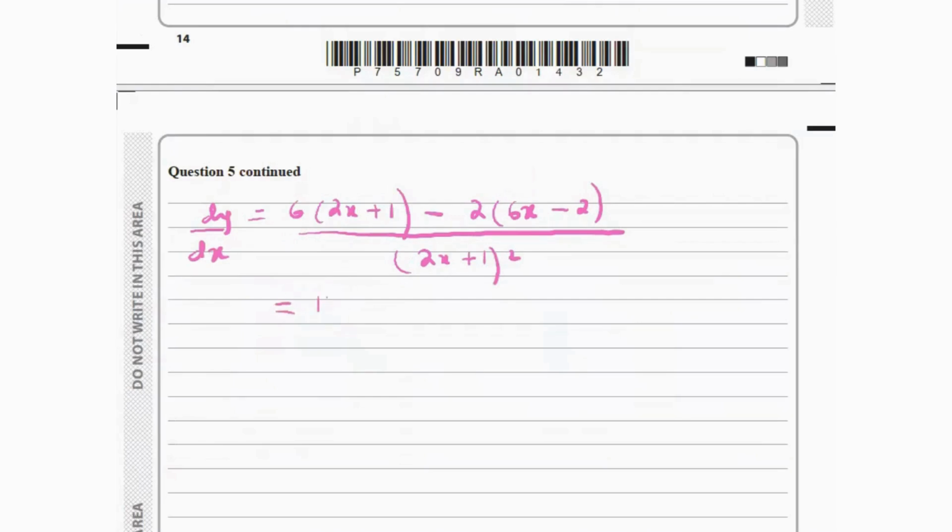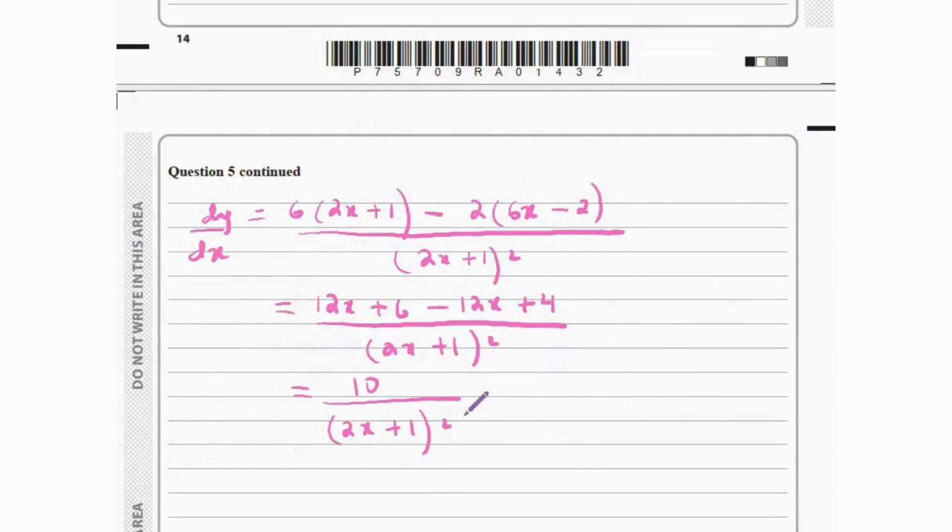That's going to be 12x plus 6 minus 12x plus 4, over (2x plus 1) whole squared, which equals 10 over (2x plus 1) whole squared.